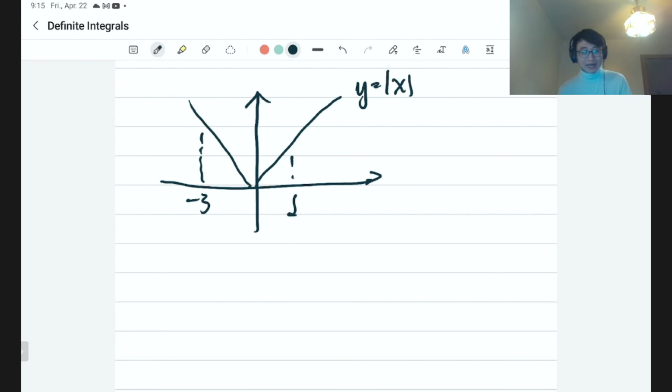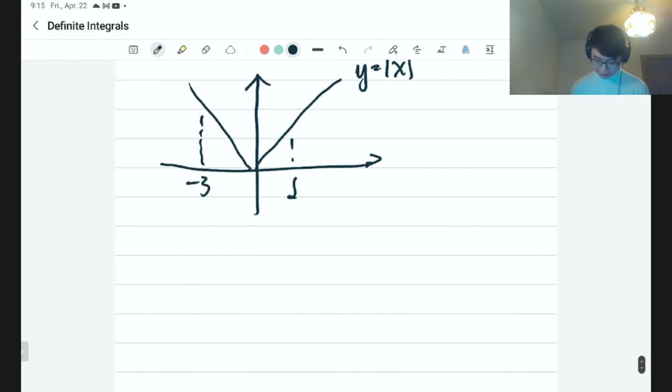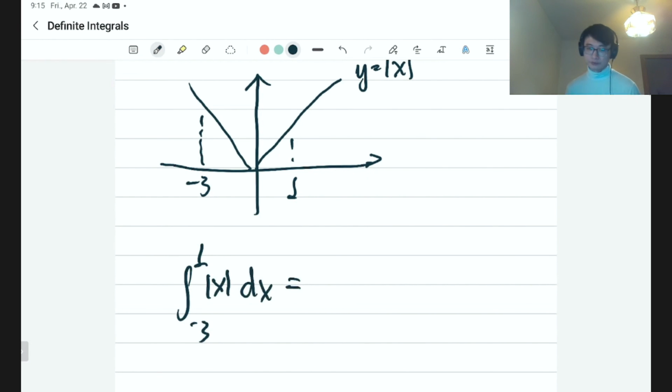Now, how can I solve this? Dealing with absolute value is very, very tricky. If you remember, last time I walked through that with you, you can use that idea to solve it. And again, I'm going to walk through it with you again.